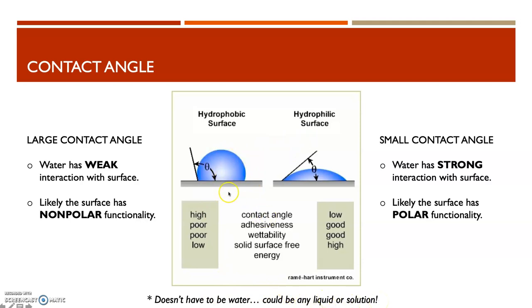You just have to know something about the drop in order to determine the interaction between these two things, or you have to know something about the surface. And a reminder that polarity is a continuum, and so is hydrophilic, hydrophobic, and interaction measures.